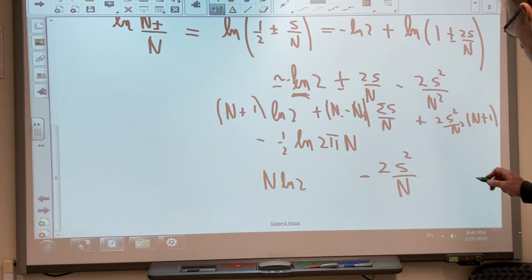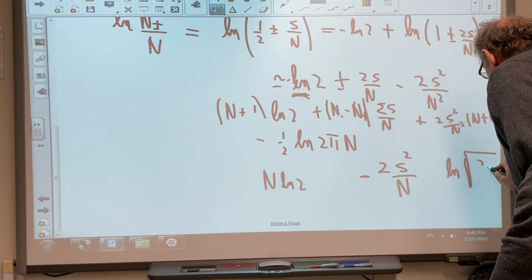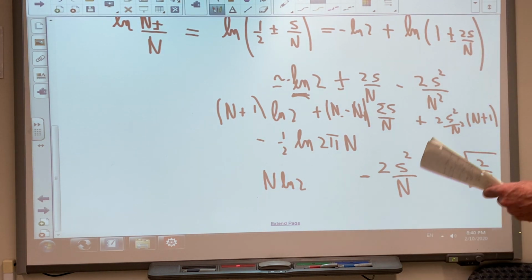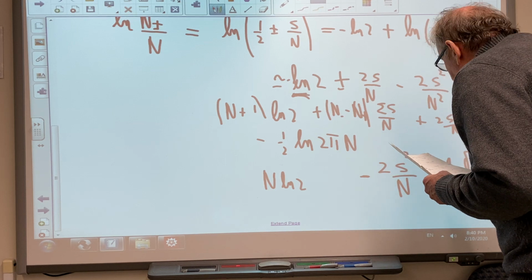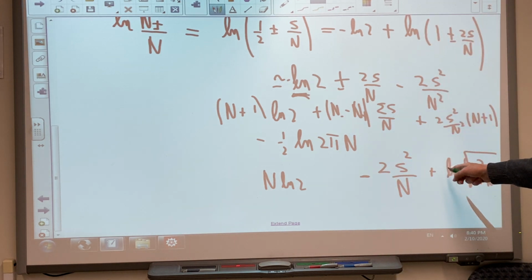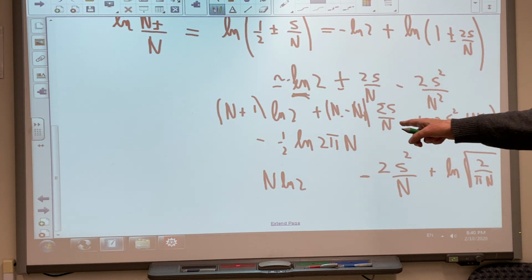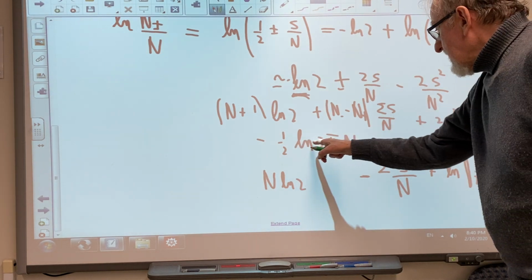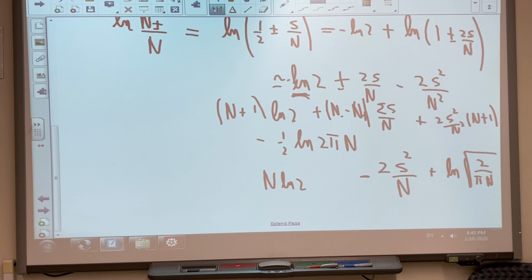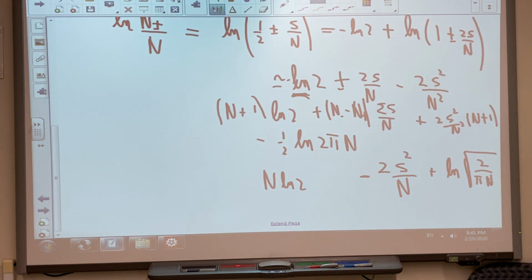So when I combine those two, I get ln of square root of 2 over pi n. Is that correct? Yes, plus. This is a plus, right? Or if I want, I could have 1/2 ln of 2 over pi n. This comes from the pi n that I have here, but this 1/2 ln 2 combines with the plus ln 2 to give me plus 1/2 ln 2, and that's why it goes on the top.